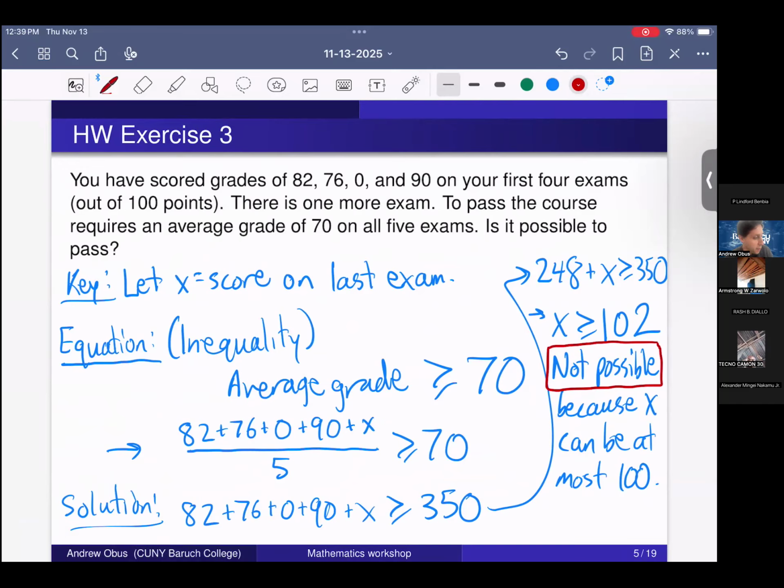Basically, when you set up the inequality and solve it, you get that the score has to be at least 102. Since the exam is out of 100 points, you can't get 102, so it's not going to be possible to pass.